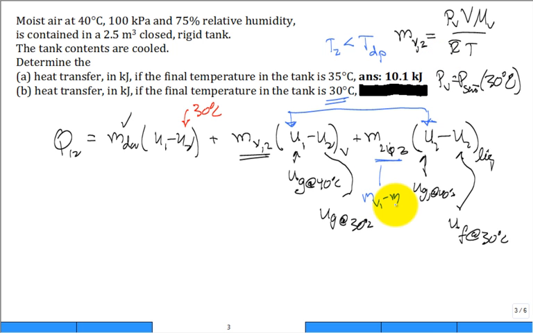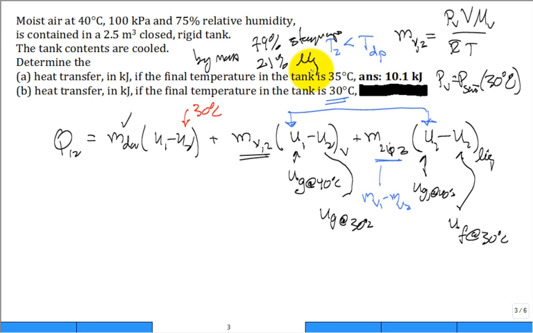MV1 minus MV2, and there you go. What we find is that not a whole lot of the vapor condenses. By mass, 79% stays in the vapor, but by mass, 21% goes to liquid, condenses. So about a fifth of the water vapor condenses in this problem.